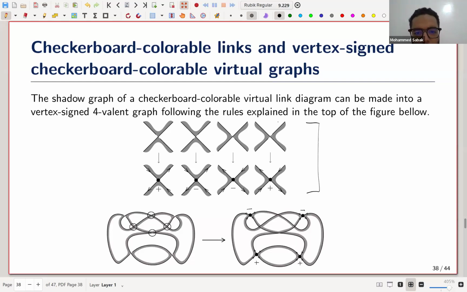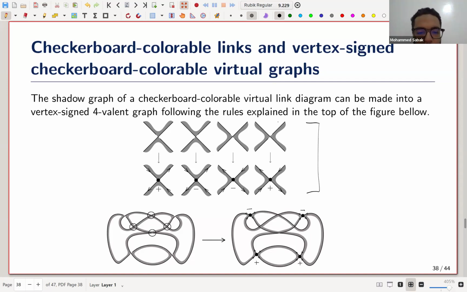There are 4 different possible configurations, and these are all the possible configurations, and we listed for each configuration which sign to choose.